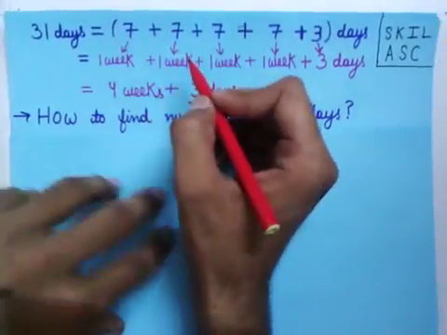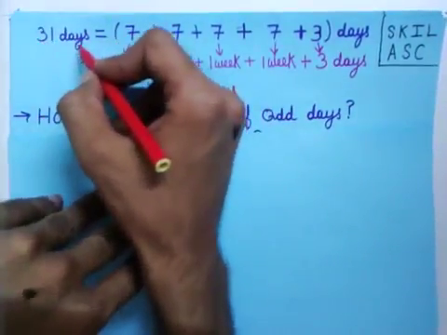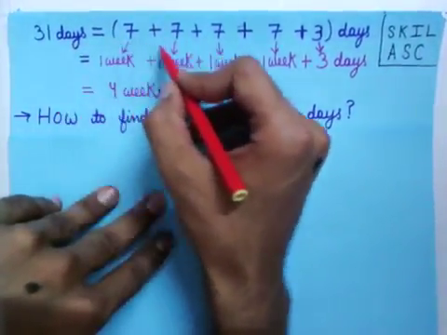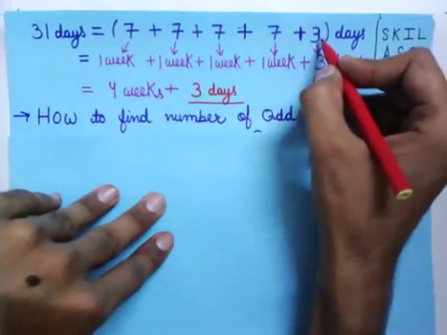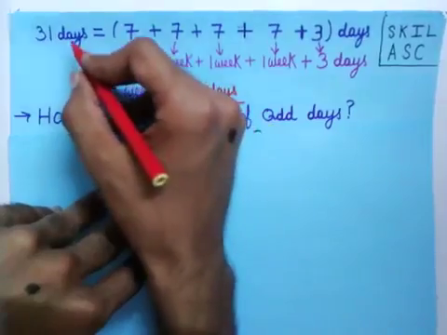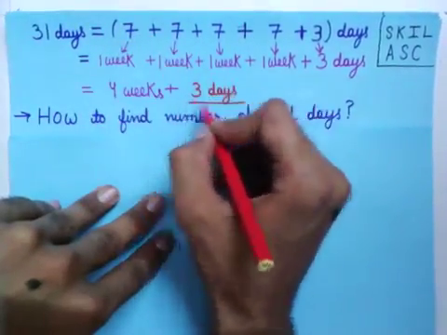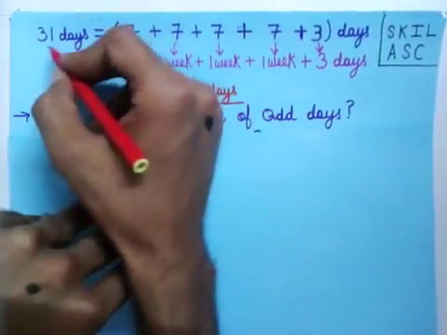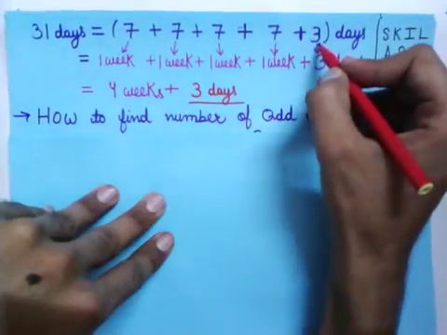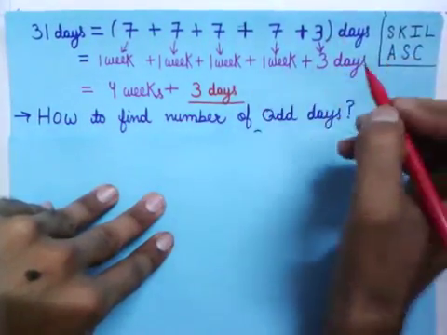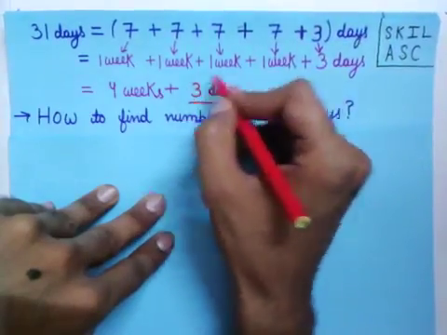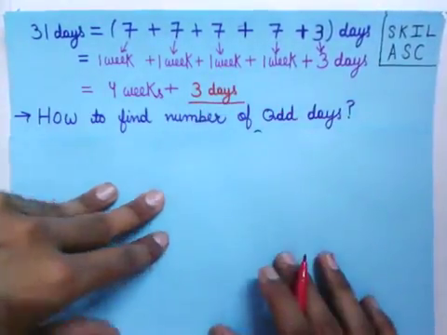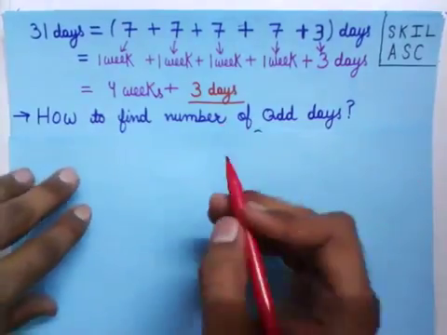That is, if we divide this 31 by 7, then that 7 will cancel out all these 7 and the remainder will be 3. And we know in 31 days, 3 days are odd days. And if we divide 31 by 7, then the remainder is 3. So we find that remainder and the odd days are equal.